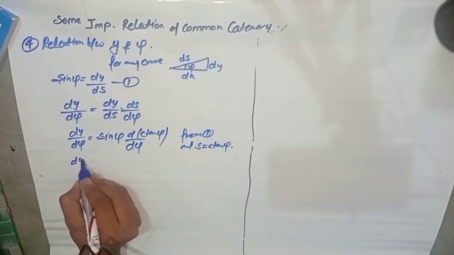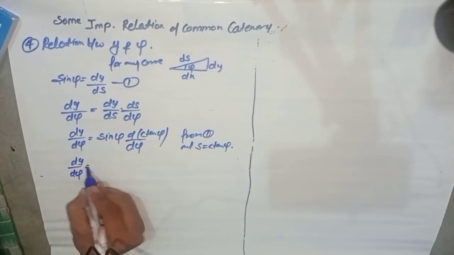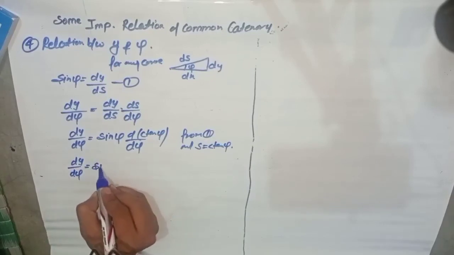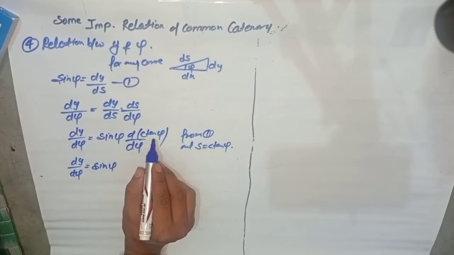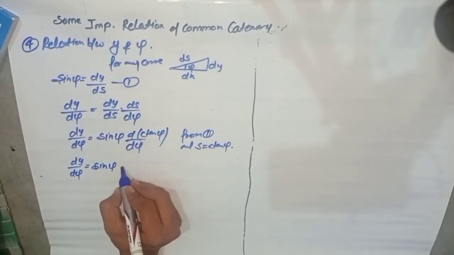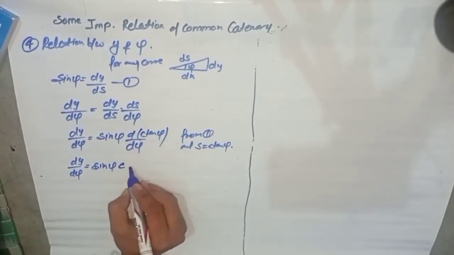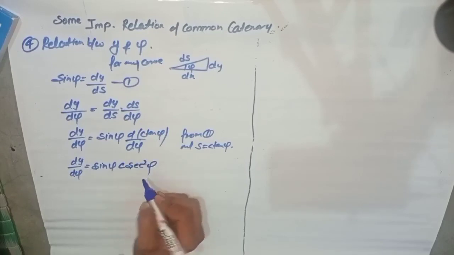Now we get dy/dψ = sin ψ times the differentiation of c tan ψ. c is constant, so it comes outside, and the differentiation of tan ψ is again sec²ψ.